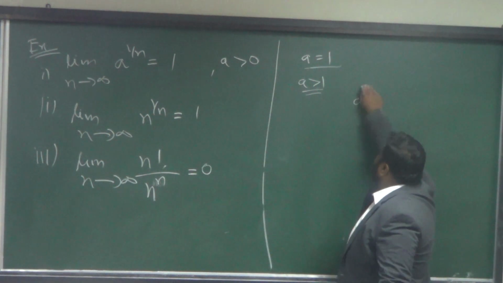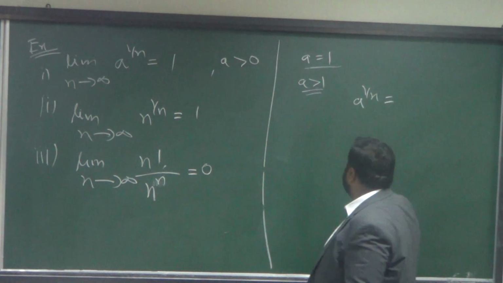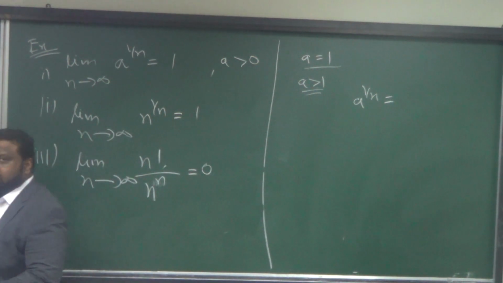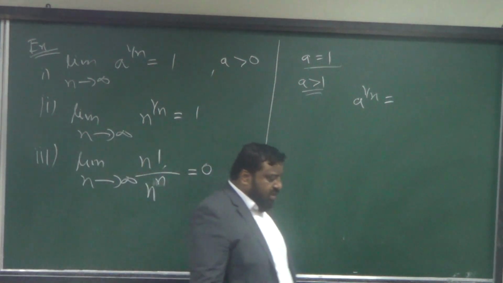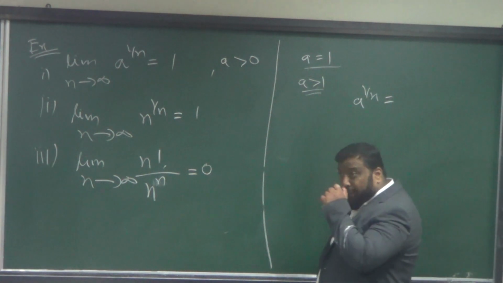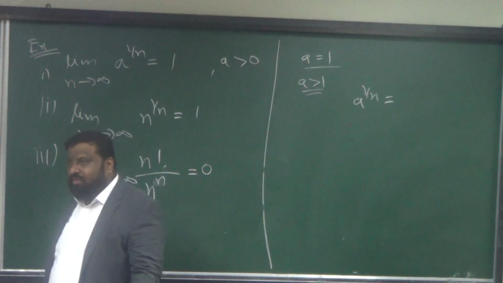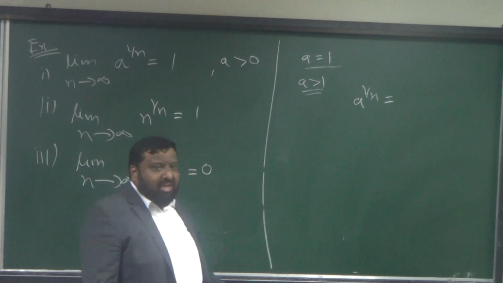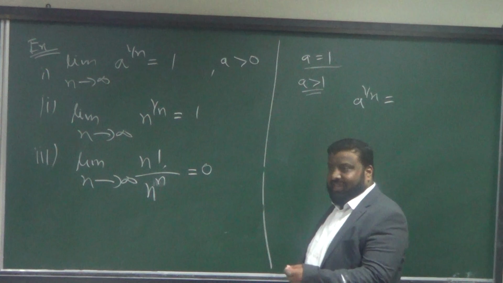If A is bigger than 1, can you give me a guess? What is one of the trivial facts about A to the 1 over n, the nth root of that number? If A is bigger than 1, what can you say about the nth root of A?